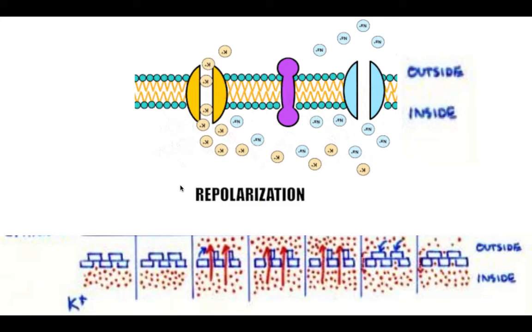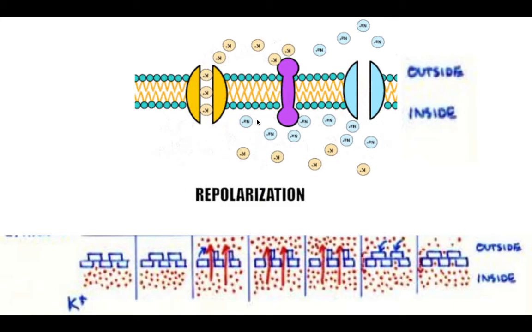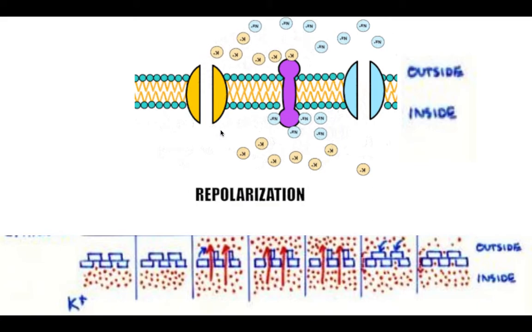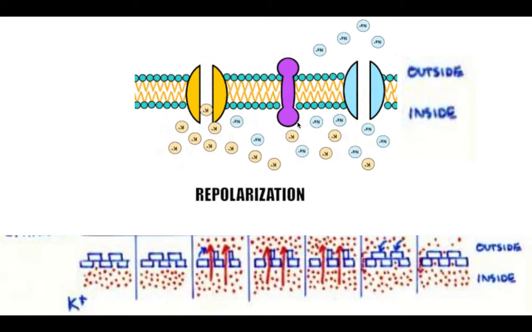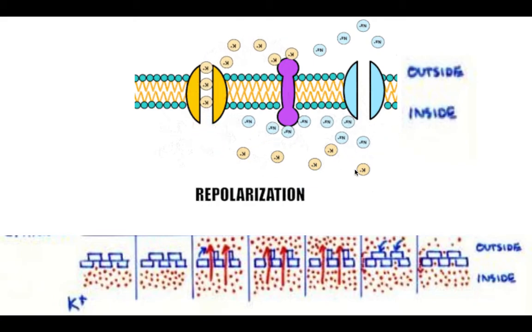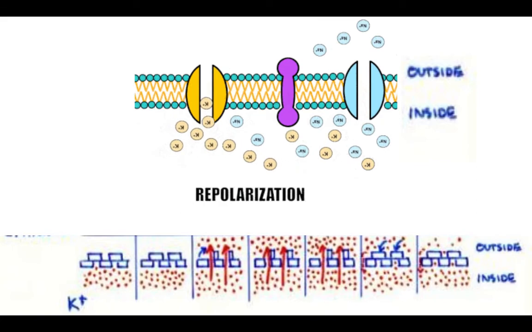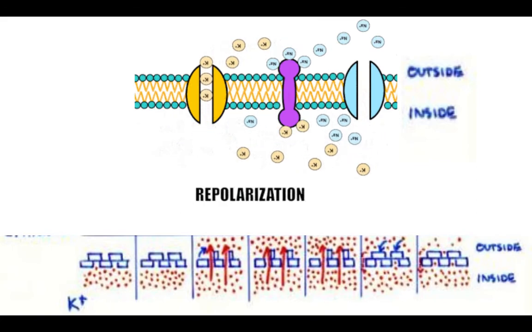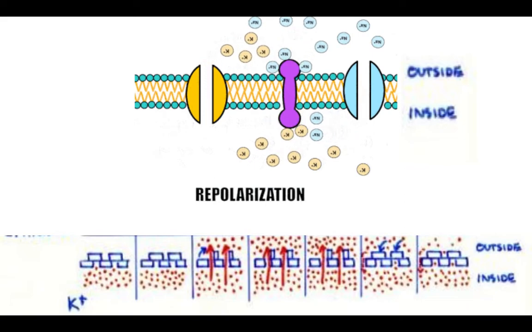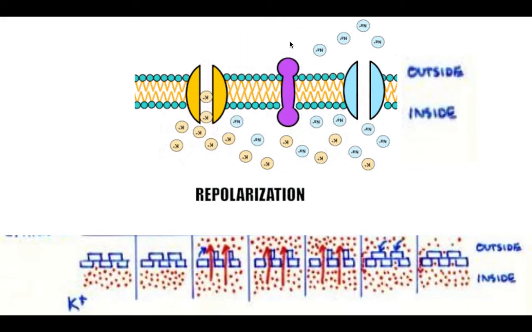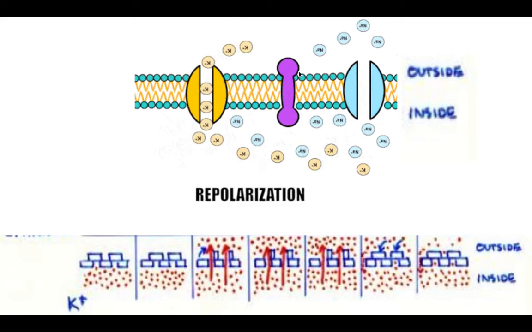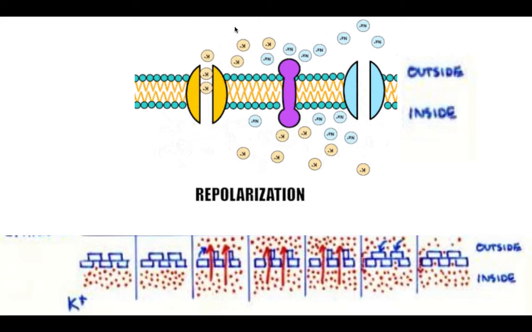Here's how that happens. You remember that because of depolarization, we had a bunch of sodium ions that rushed into the cell, and now the inside was positively charged. You could wait for the sodium ions to just eventually get pumped back out again, but that would take too long. It's inefficient and it makes your reflexes much slower. So if you want lightning quick reflexes, you have to reset the outside of the membrane back to a positive charge.